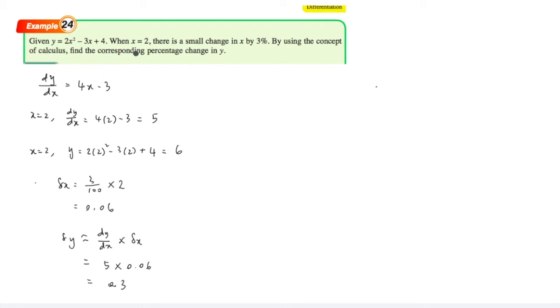Okay, now last, the corresponding percentage of y. Percentage of y will be delta y over original y times 100%. So delta y is 0.3, original y is 6, times 100%.